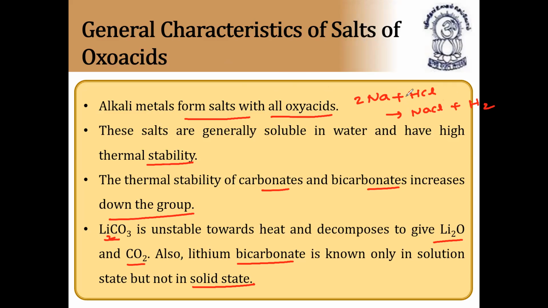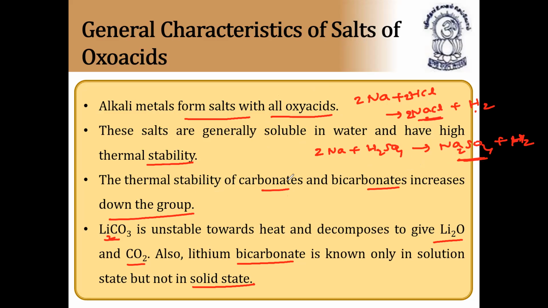So 2Na plus 2HCl gives 2NaCl plus H2. Now sodium combines with sulfuric acid and forms sodium sulfate and hydrogen gas. Hydrogen gas is liberated in all these reactions. Like this, alkali metals form salts with all oxy acids. With nitric acid, sodium forms sodium nitrate. With carbonic acid, it forms sodium carbonate and bicarbonate.